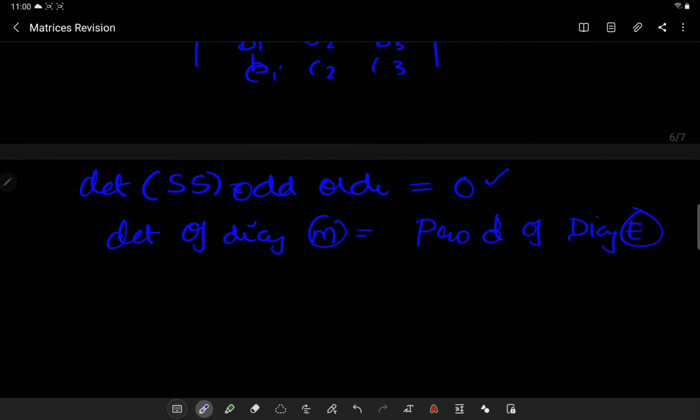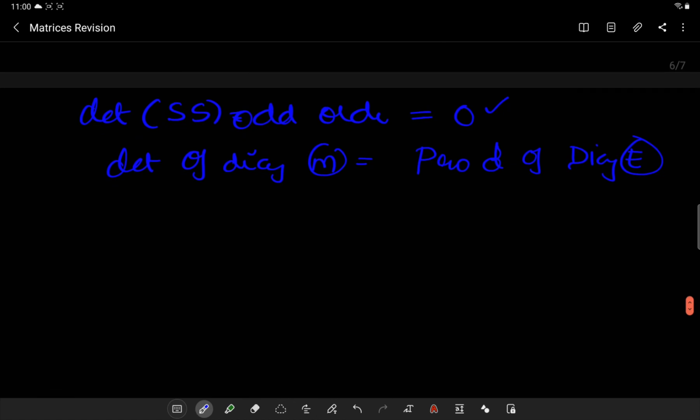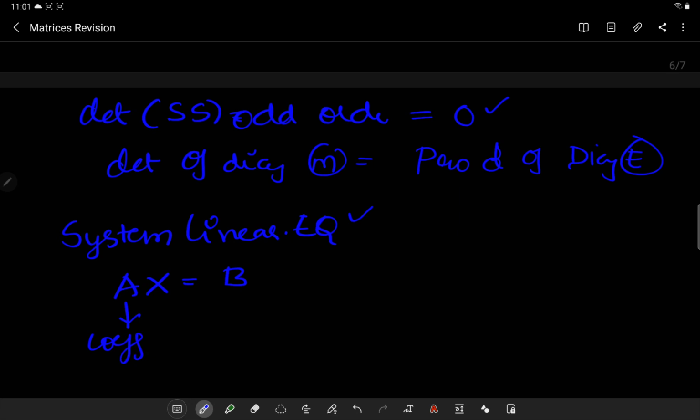Also, to solve system of linear equations, when you have three equations or two equations, you can solve it using the matrix method. So you can write Ax is equal to B, where A is the coefficient matrix, x is the variables matrix and B is a constant matrix.